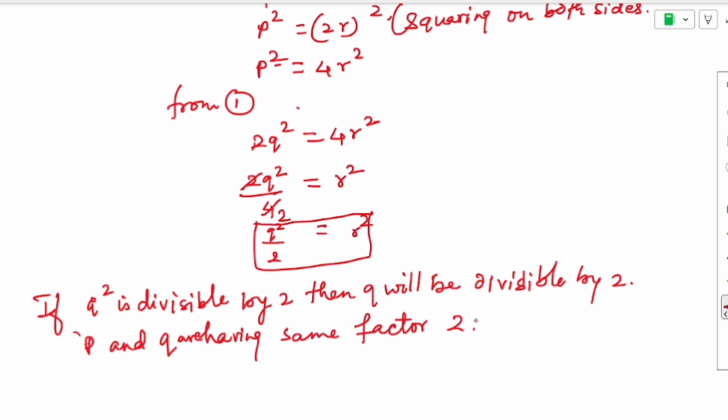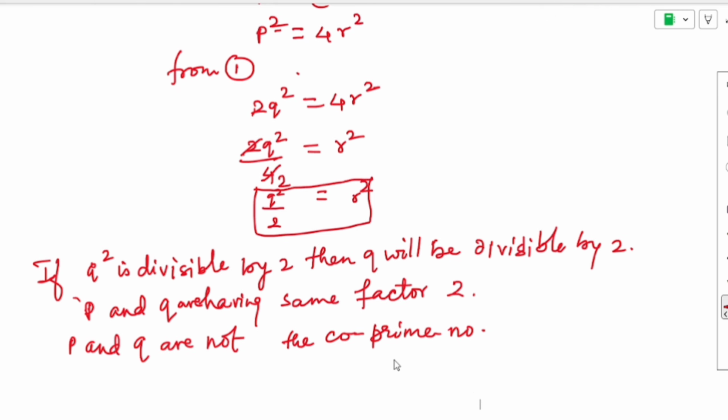In the start of the question we have written that P and Q are co-prime numbers, and co-prime numbers are the numbers having HCF 1, but here we are getting the same factor 2, so we can say that P and Q are not co-prime numbers, therefore our assumption was wrong.